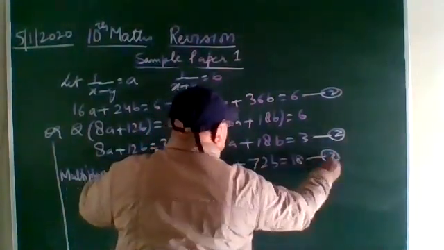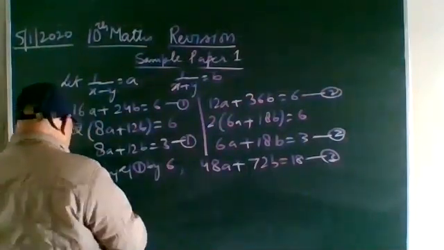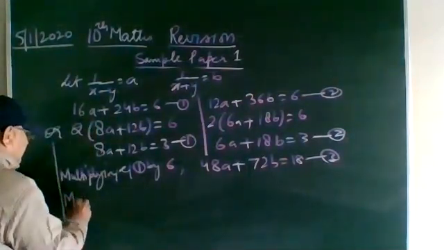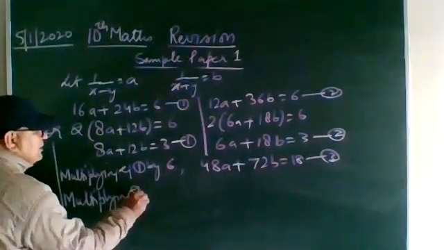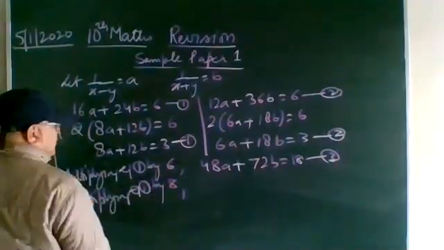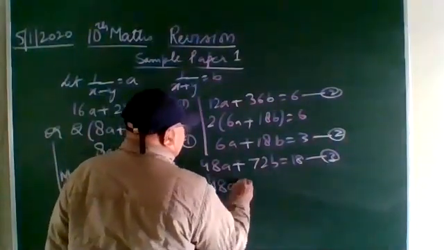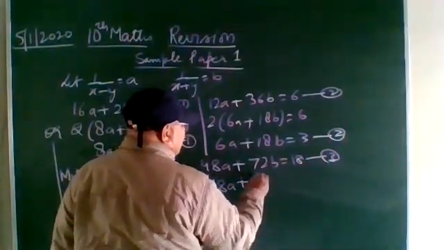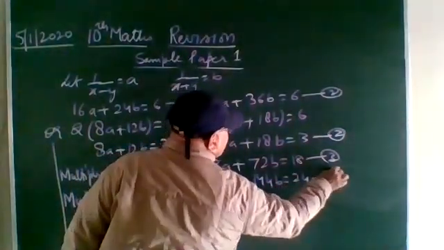This is your third equation. And multiplying equation 2 by 8, 8 sixes are 48, again 48a plus 144b equal to 24. That is the fourth equation.